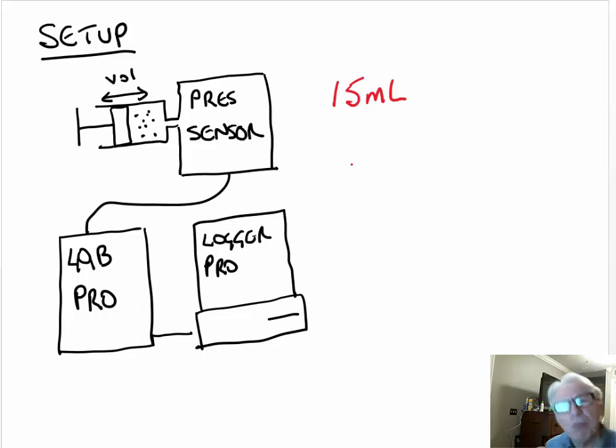It's not the full capacity of the syringe, so I can pull on the syringe and make the volume a little bit bigger. And it's not as small as the syringe goes. The volume goes to 0 effectively. So it's somewhere in the middle. But I got to know what that number is, because that tells me how many moles of gas molecules are actually in the syringe to begin with. So let's set it up at 15 milliliters to begin with, and then you connect it to the pressure sensor.